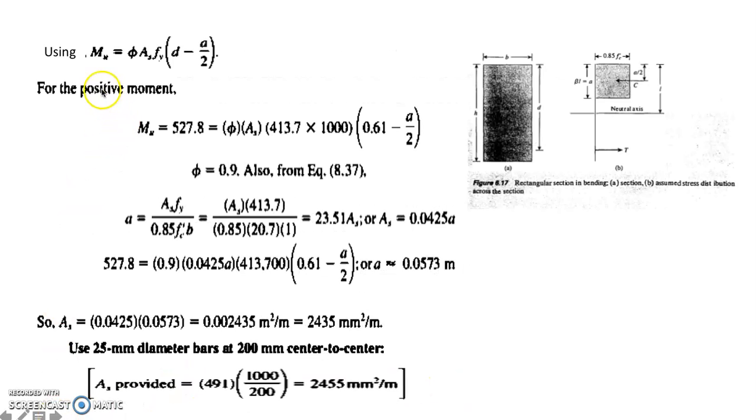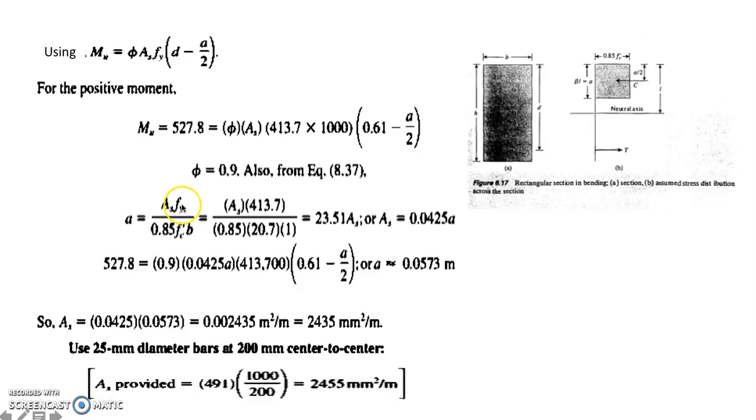So using the equation for the factored moment, we're going to solve for the area of the steel. So for the positive moment, you simply have to substitute the values of the parameters. Our phi, the reduction factor, is equal to 0.9. So from there, you substitute the value, and we're going to have the value for A. A is equal to this equation.